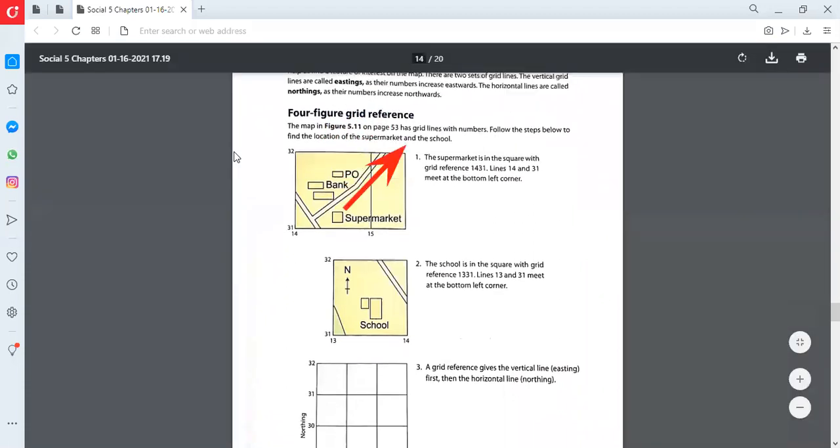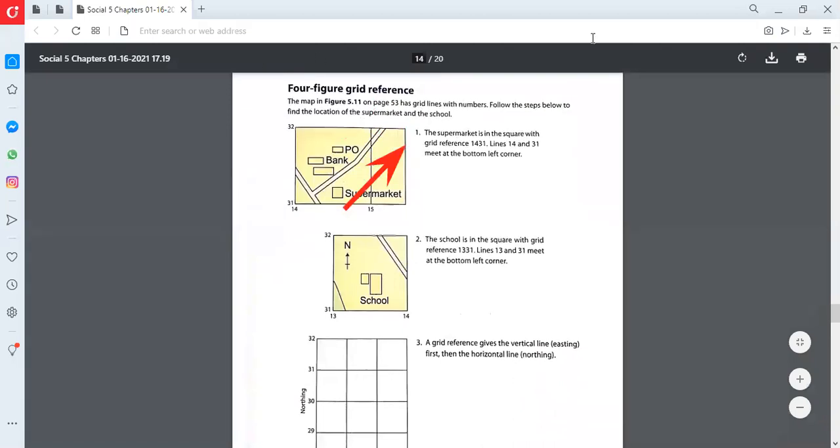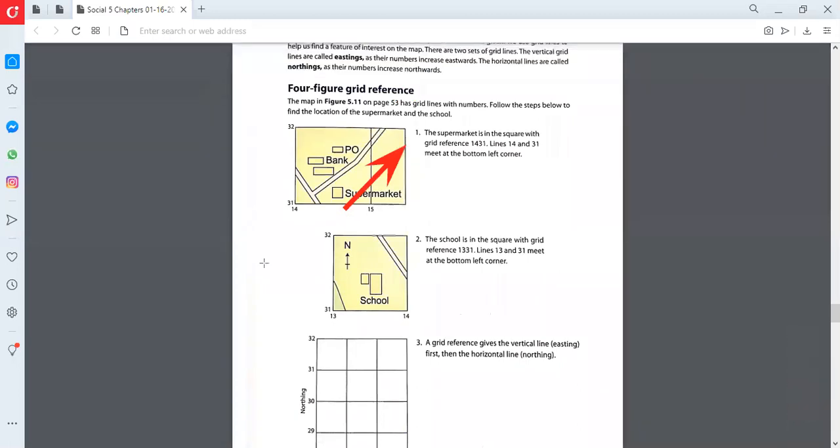So let's see this picture completely. Vertical grids are called eastings and horizontal grids are called northings. You see this line.